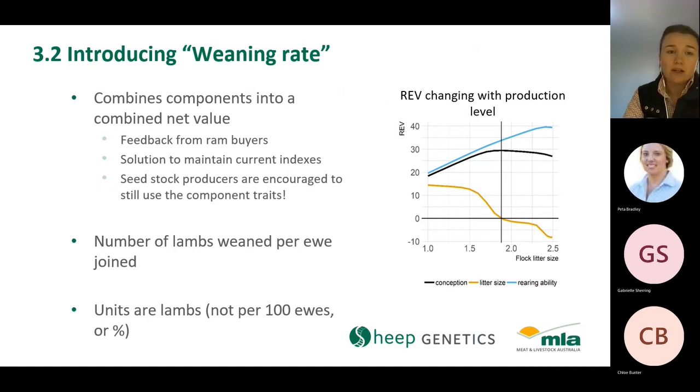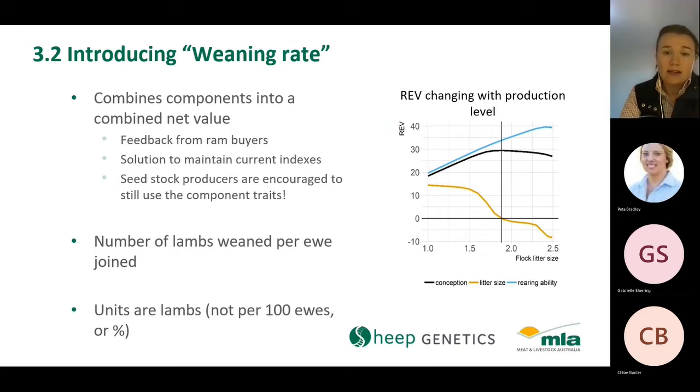So what we've done is we've developed a new combined trait called weaning rate, which is defined as the number of lambs weaned per ewe joined. This trait is in the same unit as the component traits, so it's expressed as lambs, rather than as a percentage as number of lambs weaned was expressed.